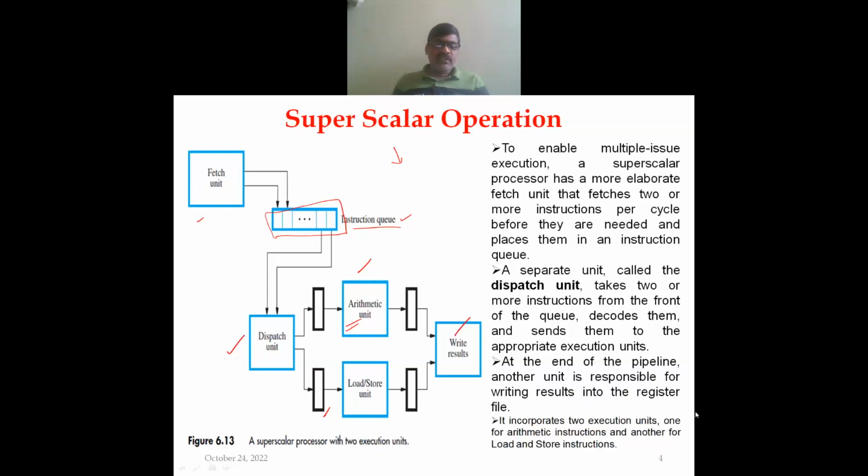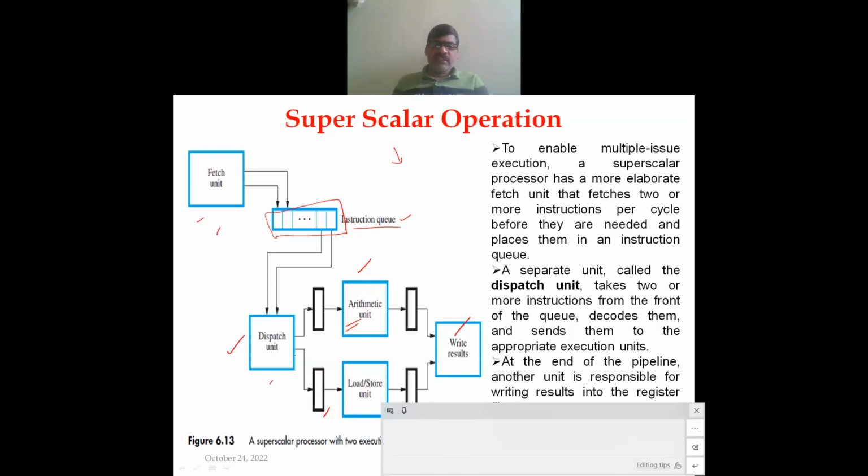So this is a superscalar processor with two execution units. We have the fetch unit and the dispatch unit. During decoding, two instructions are read from the instruction queue and decoded. If it is an arithmetic instruction, it will be forwarded to the arithmetic unit. If it is a load or store instruction, it will be forwarded to the load or store unit.